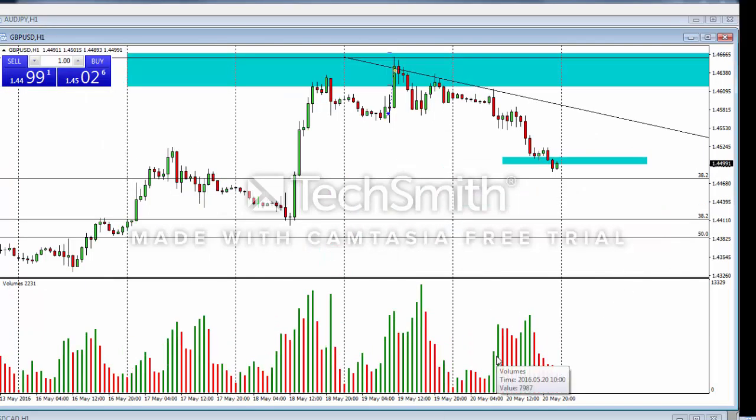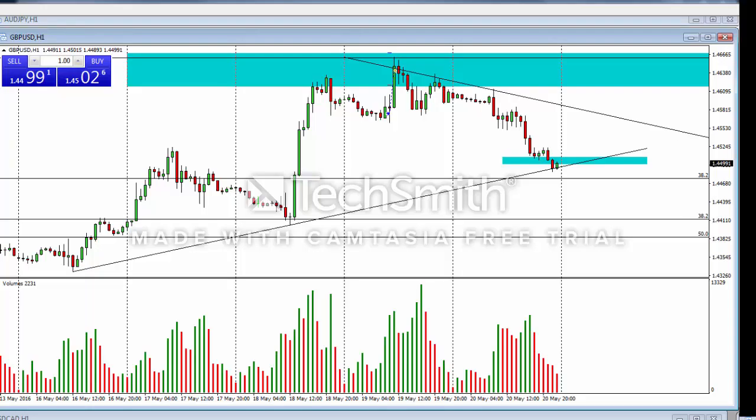There is actually a level on the 1 hour, which again, it's a trend line, and I'm just a bit wary about this one, especially because we're looking for this market to roll over, but it's definitely a level to watch.